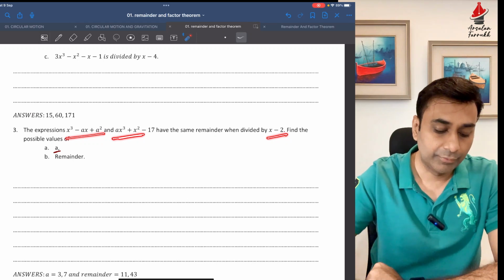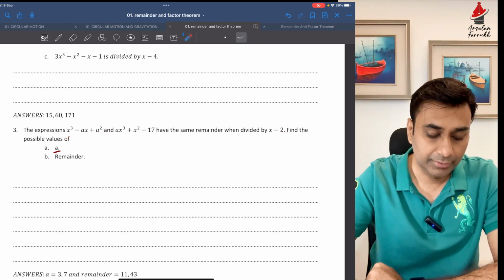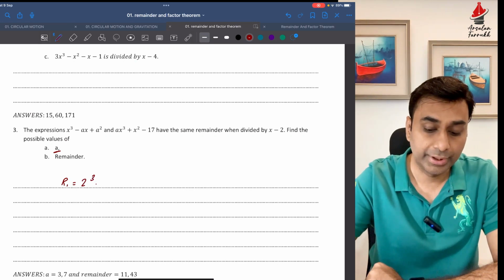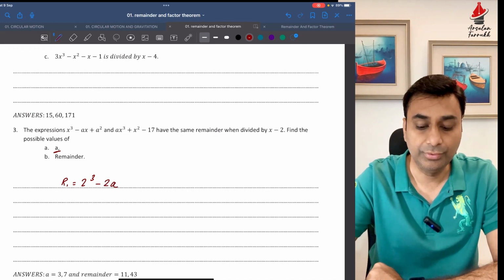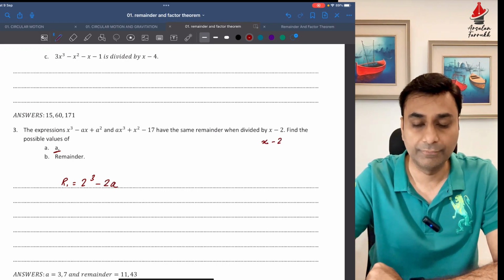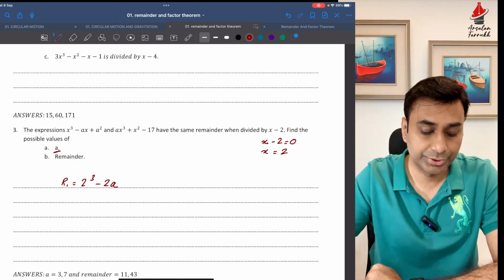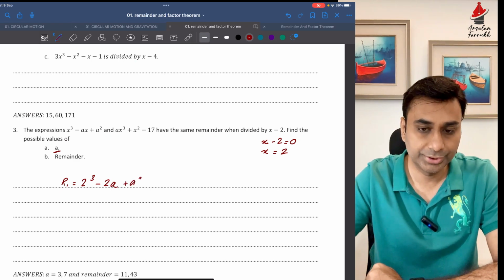So I will find out the remainder 1, which will be equal to 2 cube minus 2a. I've already taken x minus 2 to 0. That's the divisor, and I've gotten the value of x as 2. So 2 cube minus 2 times a plus a square gives me 8 minus 2a plus a square.